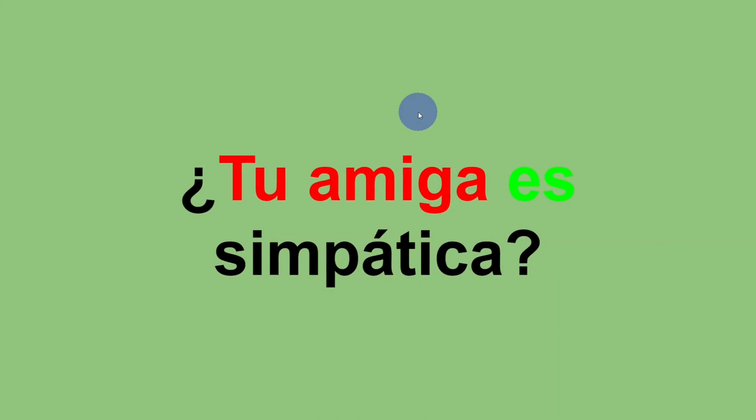Otro ejemplo, another sample. ¿Tu amiga es simpática? So we have the subject, tu amiga, es the verb, and simpática, it's the adjective, okay? So right here, it's in the middle. ¿Tu amiga es simpática? Is your friend friendly or loving?